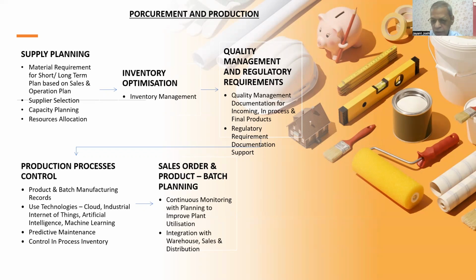And integrating that with your sales and distribution system plays a crucial role. So my idea was to discuss this as an overview of how the supply and the production are going to get integrated into this particular system, which will move to digital supply chain.